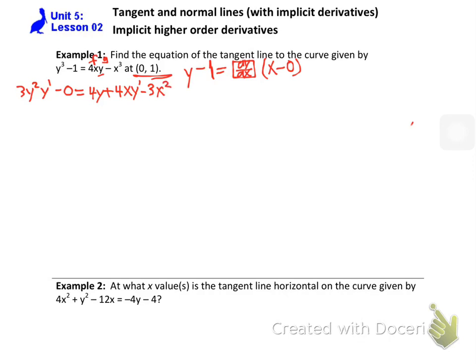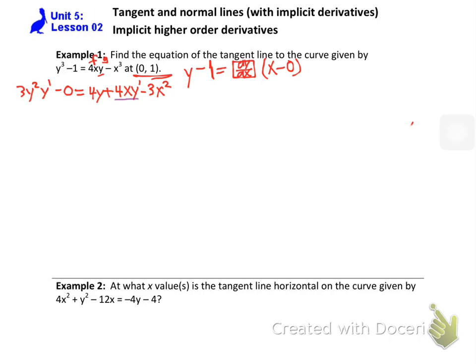Okay, so then we're going to keep going, and we're going to collect our y primes on one side of the equation. Looking at it, we have a 4xy prime on the right side, and we have our 3y squared y prime on the left side already. So let's move that plus 4xy prime over to the left.